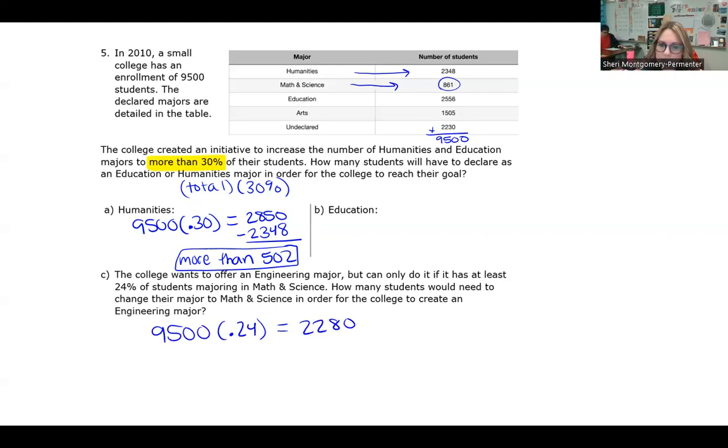Ooh, right now math and science has 861. That's not close at all, but we have to find the difference. And for this problem, it says at least 24%. So we'll answer just like that. At least how many? Did anybody else get 1419? Alex got 1419. Awesome.